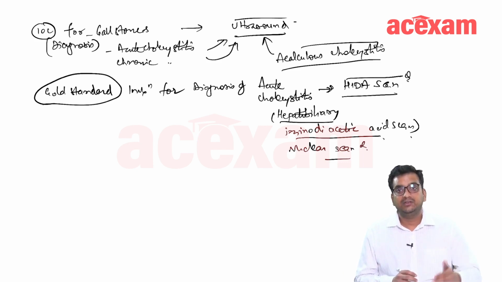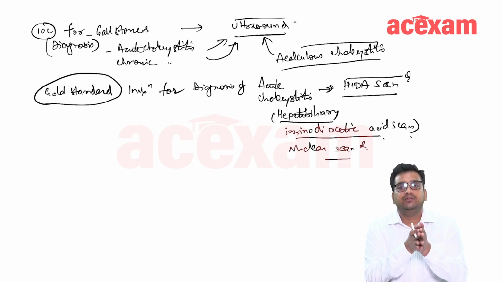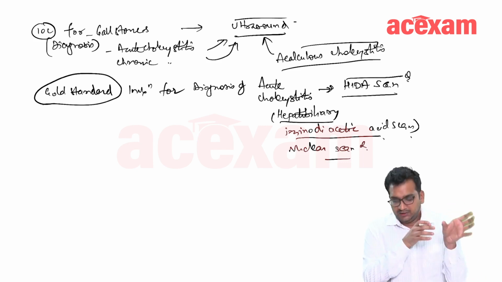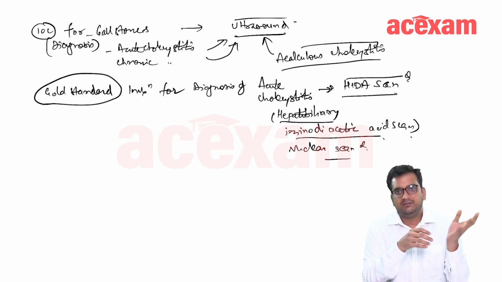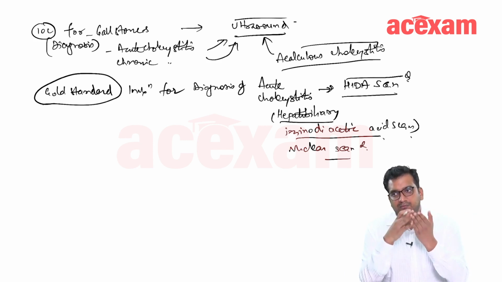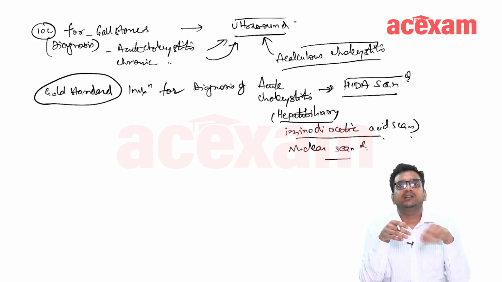Why is it a gold standard investigation? Because there is non-visualization of the gallbladder. In cholecystitis, generally the cystic duct is blocked, because of which there is development of cholecystitis. And in this HIDA scan, the tracer will go from the liver, from the bile ducts, but it will not go into the cystic duct, and it will not go into the gallbladder.